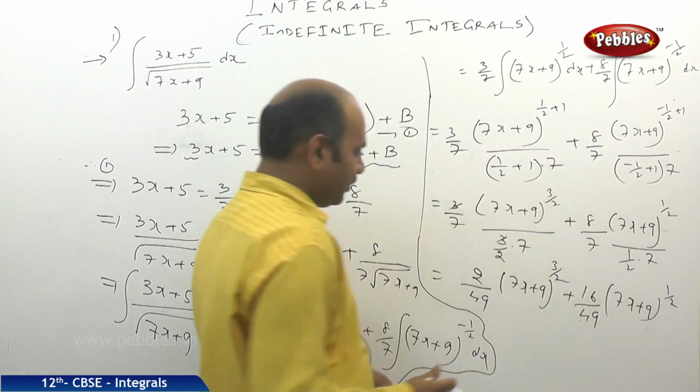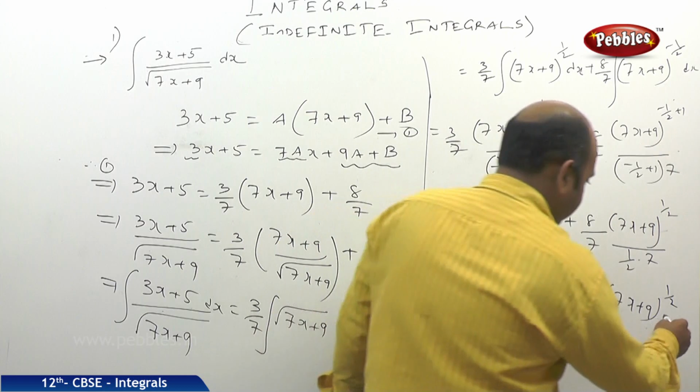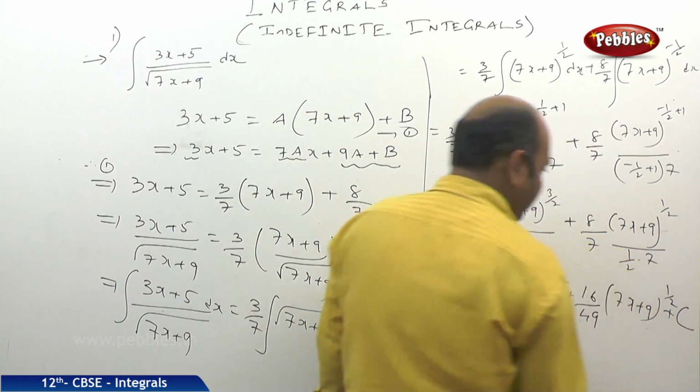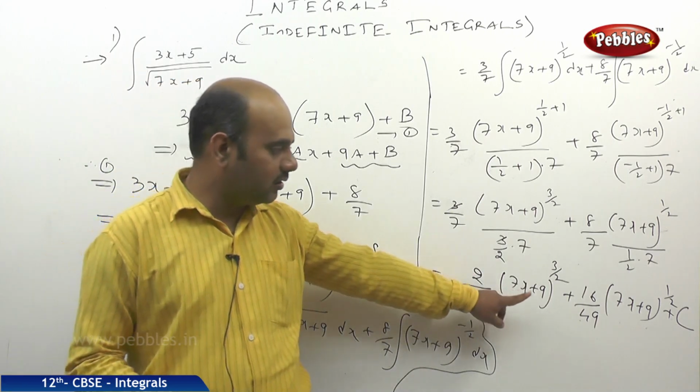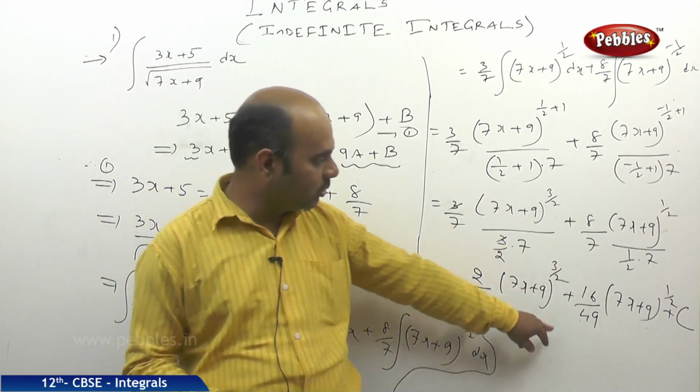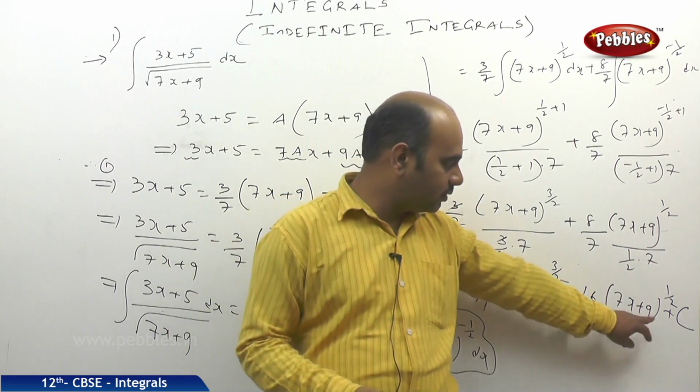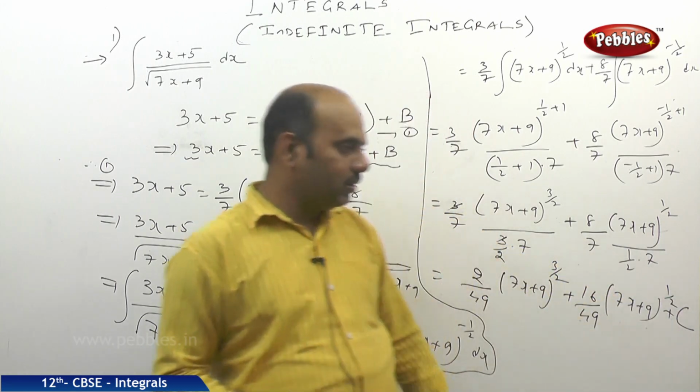So finally we can leave the problem, but always remember there should be a constant C because it's an indefinite integration. So finally 2 by 49 into (7x plus 9) whole power 3 by 2 plus 16 by 49 into (7x plus 9) whole power 1 by 2 plus C.